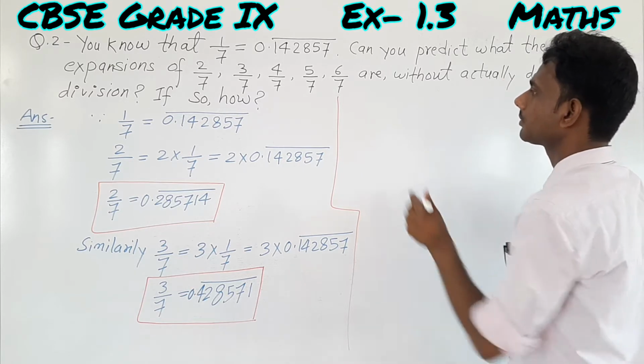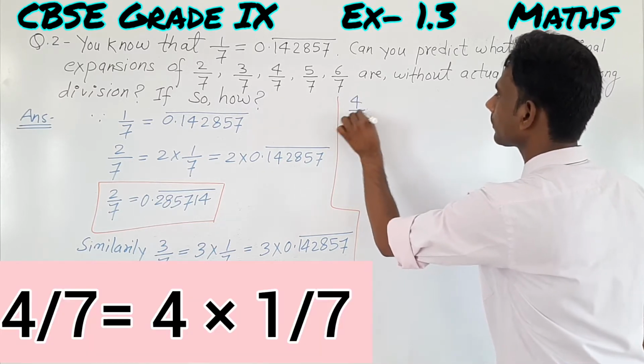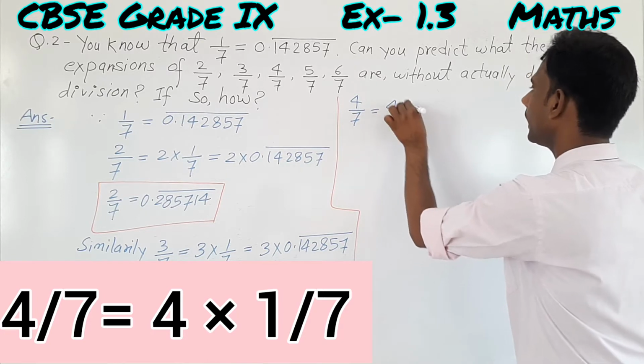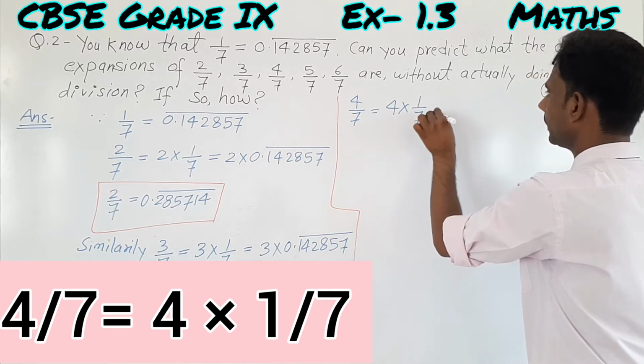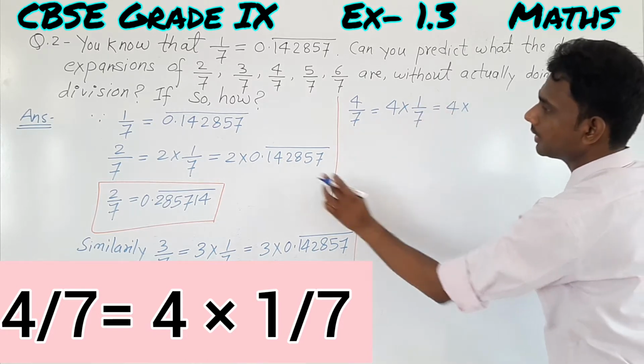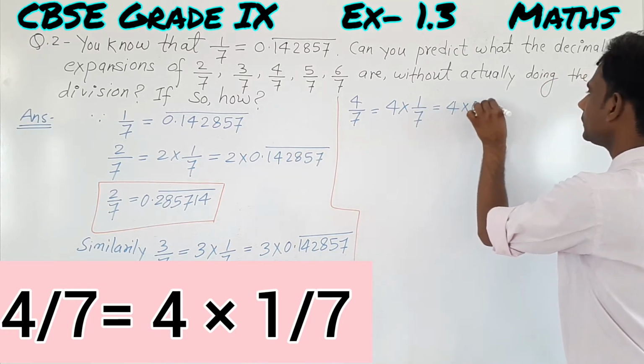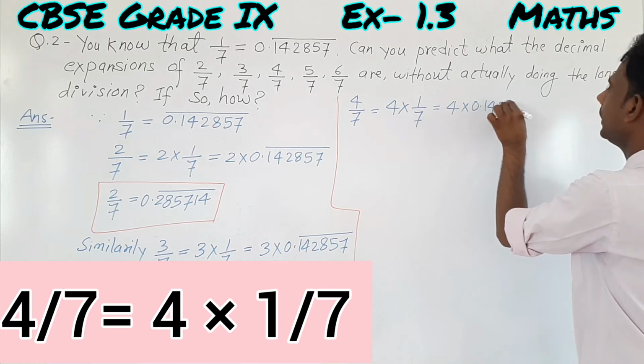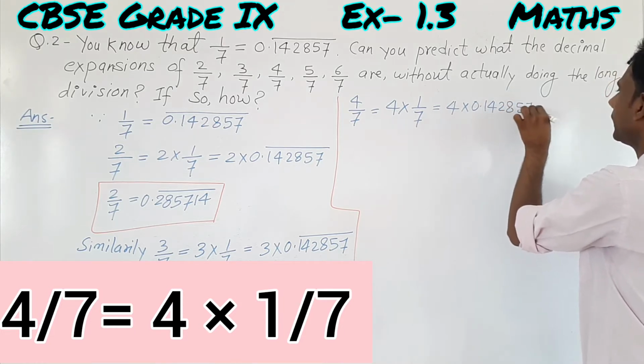4 upon 7 equals, you can write, 4 into 1 upon 7. This will be equal to 4 multiplied by 1 upon 7, 0.142857 bar.